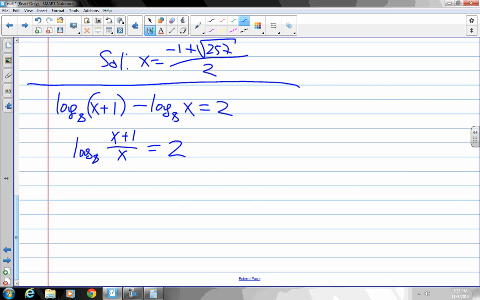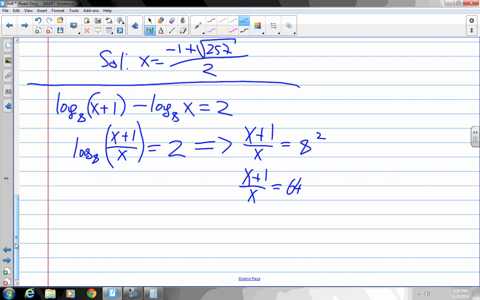Using the quotient rule. So again, I have log on one side and a constant on the other side. So I can really easily rewrite this in the exponential form. Whatever's inside equals the base to the power. So it's x plus 1 over x equals 64.